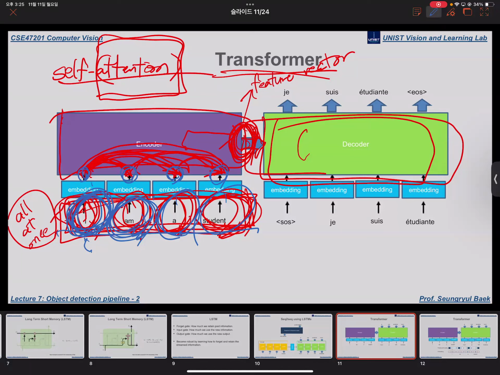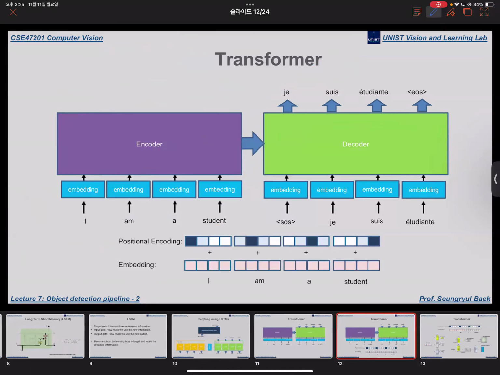But instead, the transformer has to have this positional embedding. This is frequently called the positional embedding. And what they actually embed is this type of vector.